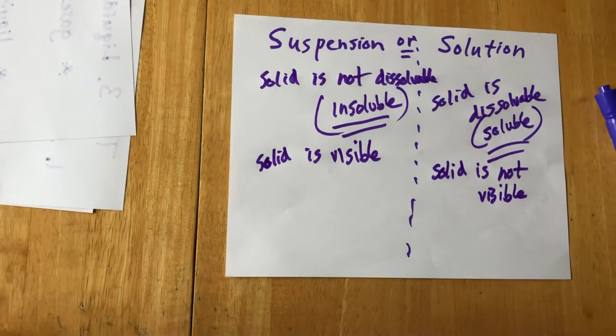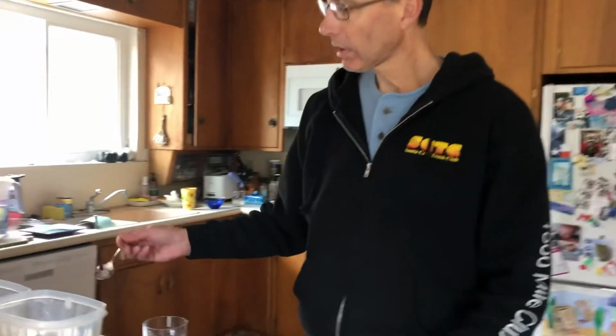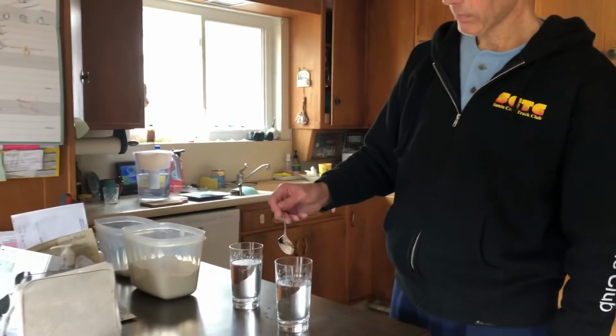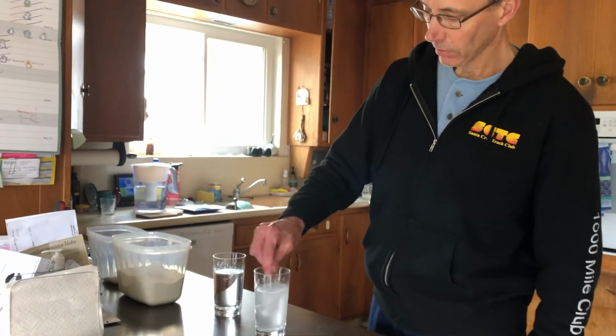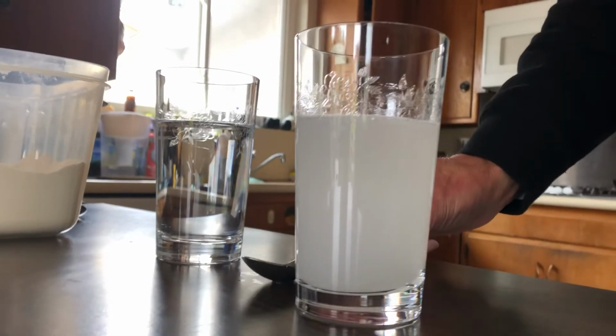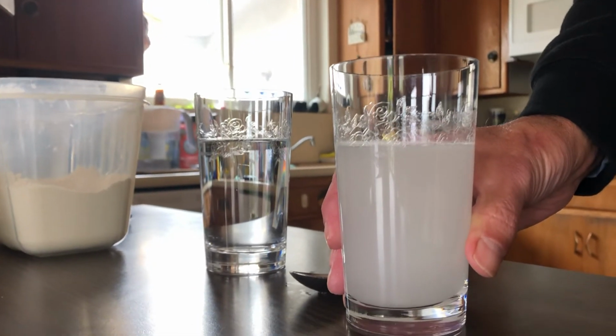I can give you an example of that. You may have done this in a lab that you did at your kitchen lab. If you take flour and mix that in water, it doesn't dissolve, and it creates a liquid where you can't see through it.